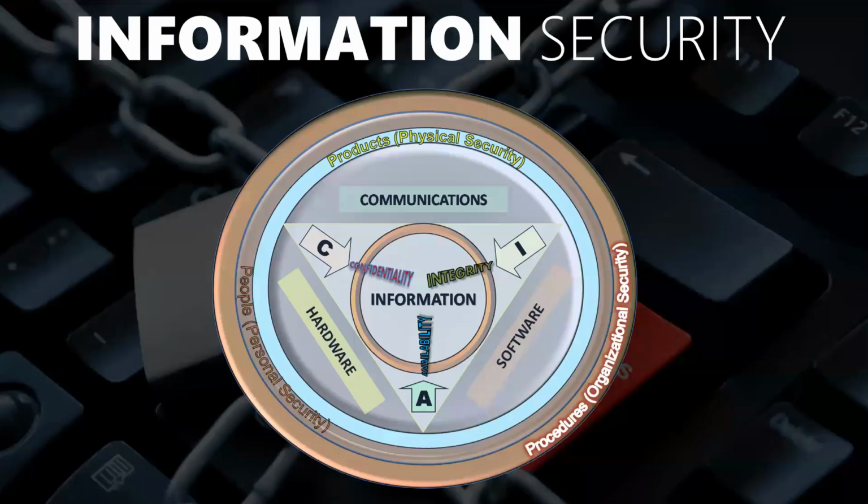Now, let me explain information security a little bit. We have 3 separate areas: people, products, and procedures. So the procedures that the organization has to follow. For example, if you're an ISO 9000 or 27000 company, you have specific procedures that you have to follow in place.